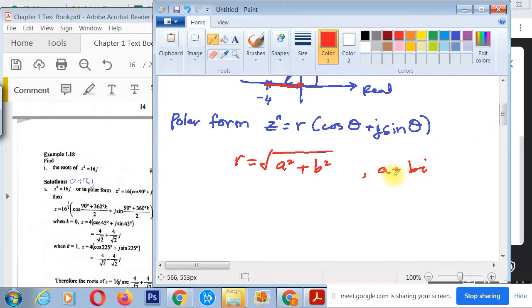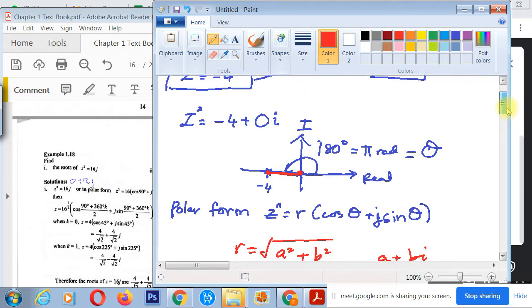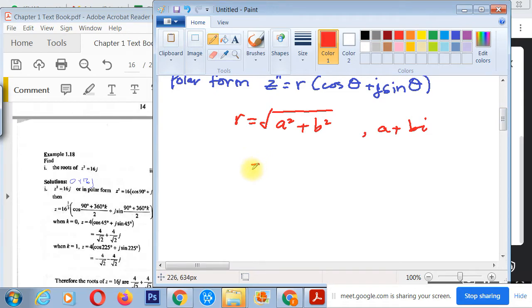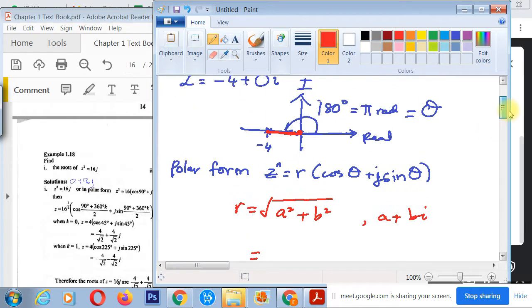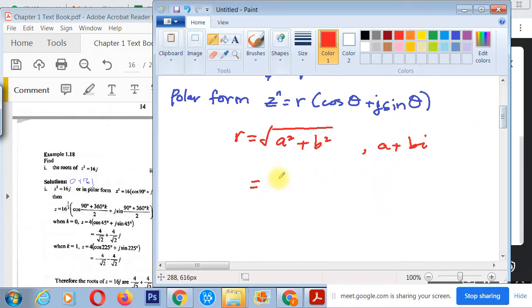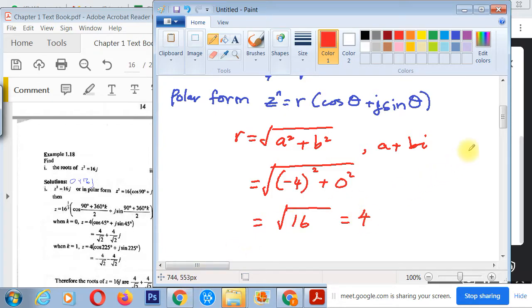Now b is 0. So here we have negative 4 square plus 0 square. Square root of all this, we have square root of 16. So we have 4, right?